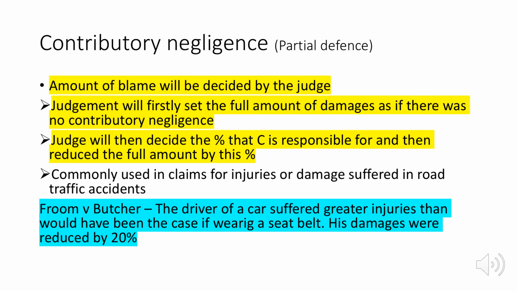The amount of blame will be decided by the judge. The judgment will firstly set out the full amount of damages, as if there was no contributory negligence. The judge will then decide the percentage that C is responsible for, and then reduce the full amount by this percentage. So Butcher, as a case to use it.